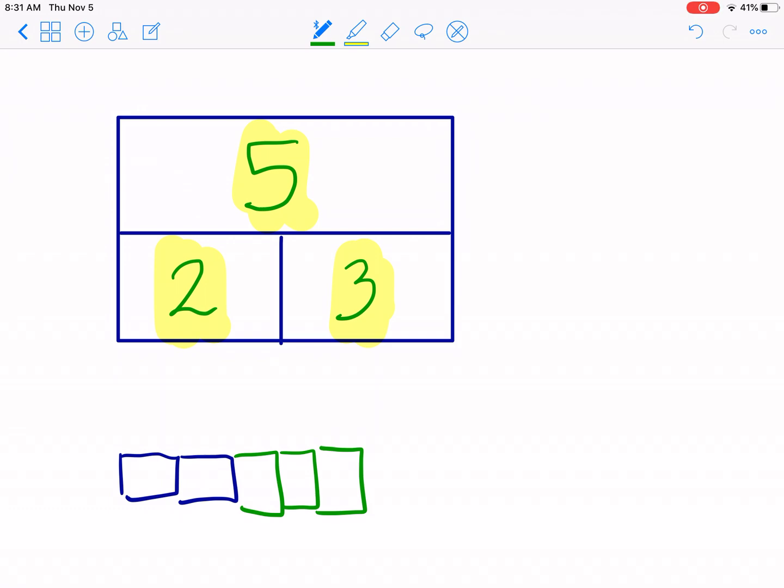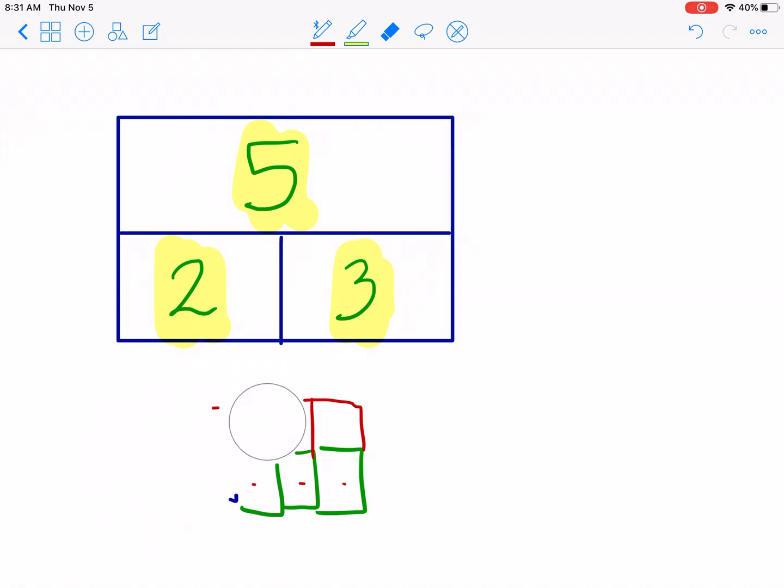How many total counters do we have? Well, we have 1, 2, 3, 4, 5. 5 is the whole, right? We're just putting them together. Okay? Because we know that the length of 2 and 3 is the same as 5 when we put them together.